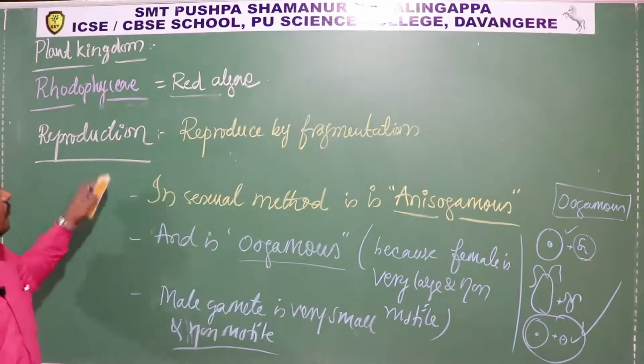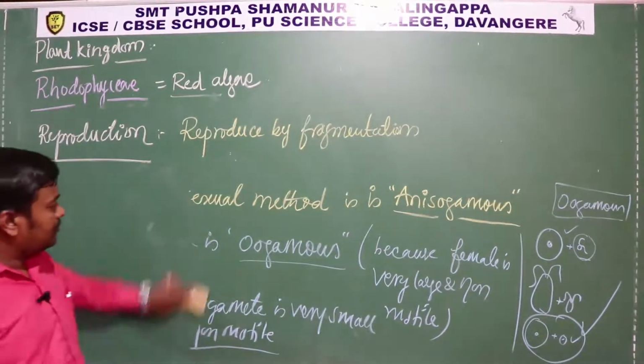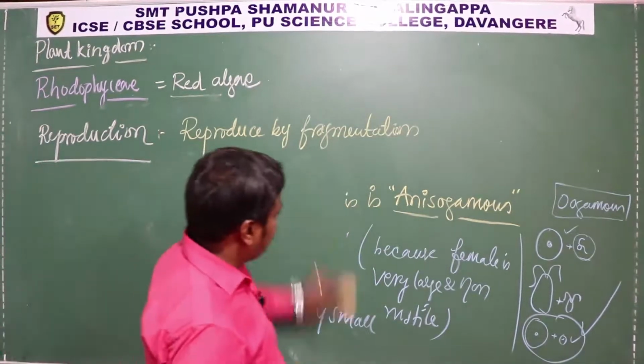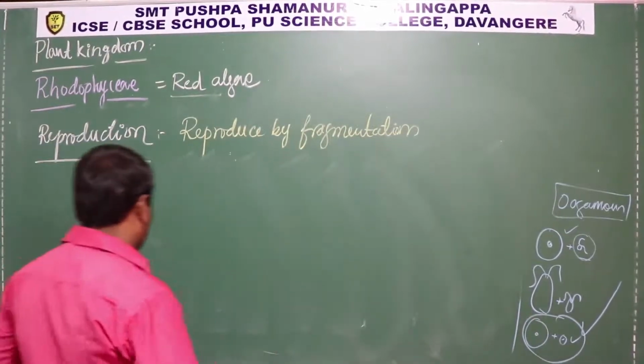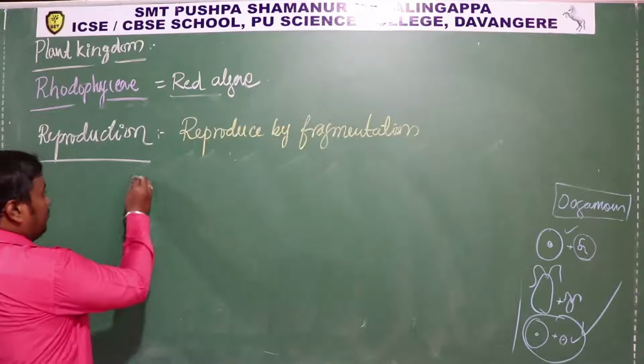Okay, a very important point you need to remember in rhodophyceae with respect to sexual reproduction is that no flagellated forms are found. Very important point.